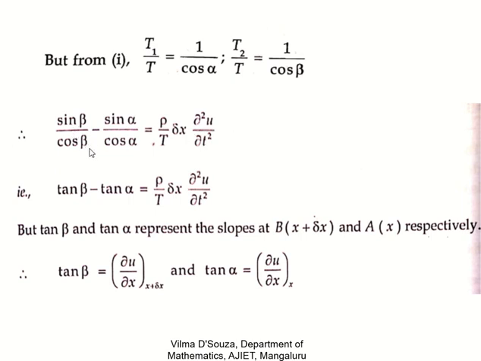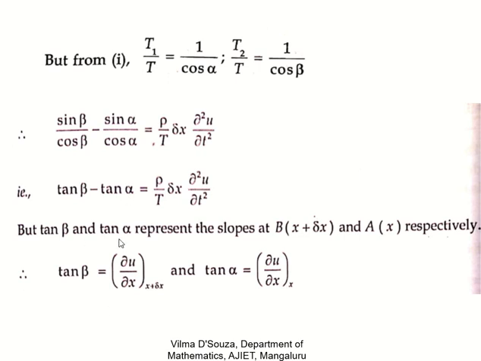Now what is sin beta by cos beta? Sin beta by cos beta is tan beta, and sin alpha by cos alpha is tan alpha, right? So tan beta minus tan alpha is equal to rho by t delta x dou square u by dou t square.